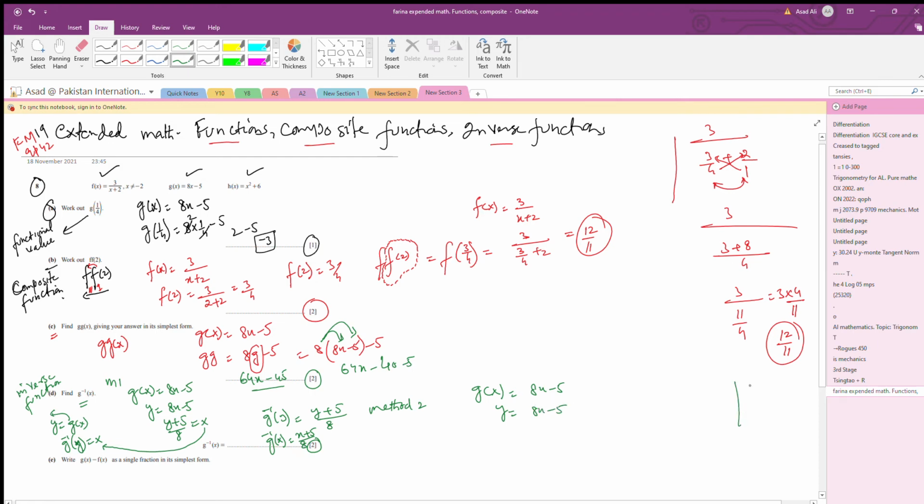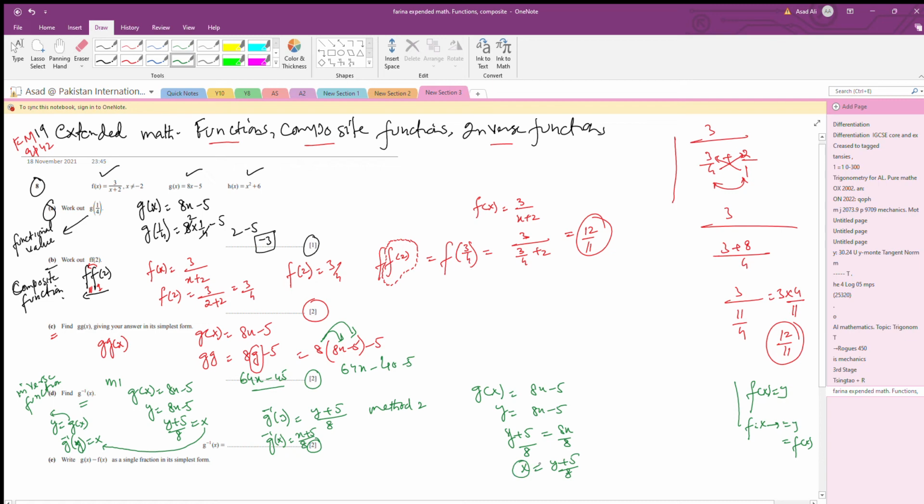See, always f of x can be written as y, or sometimes y, sometimes f of x. So making x subject here, y plus 5 is equal to 8x, dividing by 8 here and by 8 here. So x is equal to y plus 5 over 8.